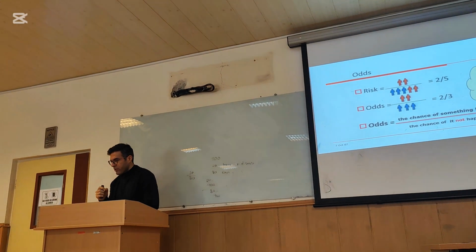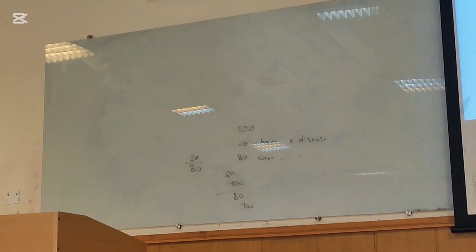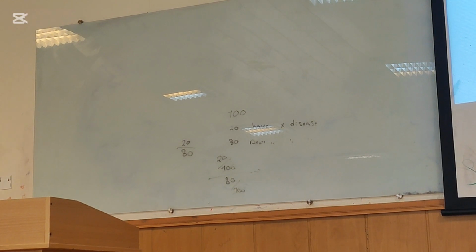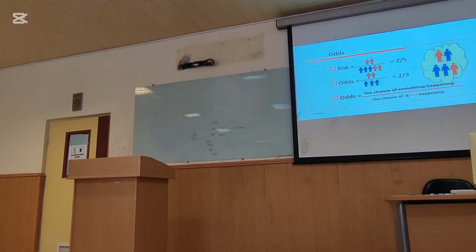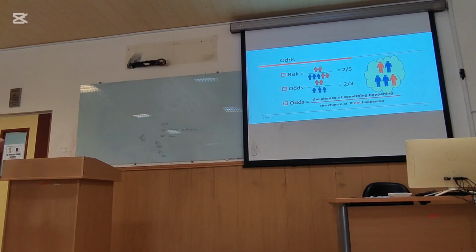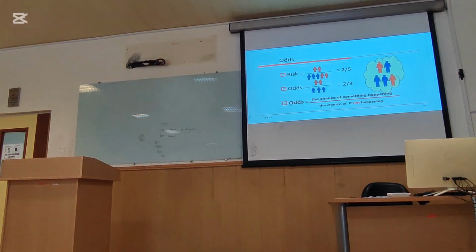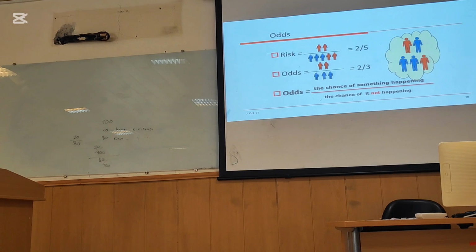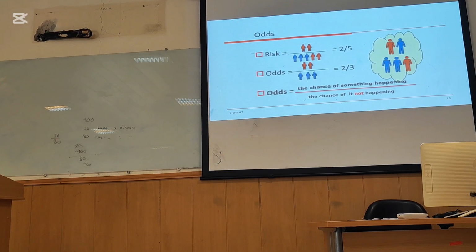Odds is a very important fraction in epidemiology because one of the most important measures of association in epidemiological studies, including cohort studies and case control studies, is the odds ratio. On the other hand, one of the most common approaches for estimating an association between two factors in biostatistics is logistic regression.